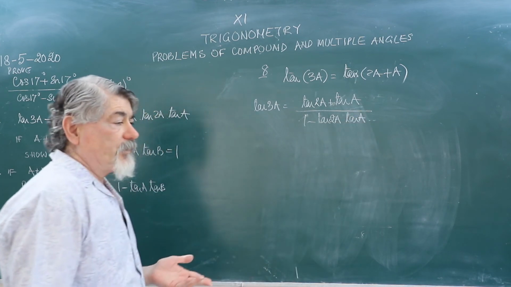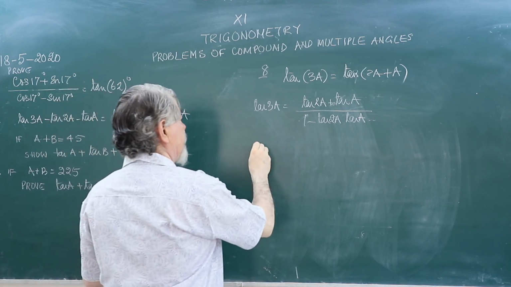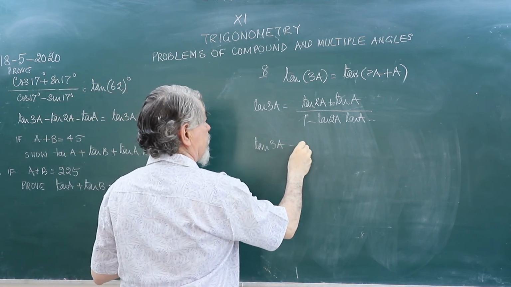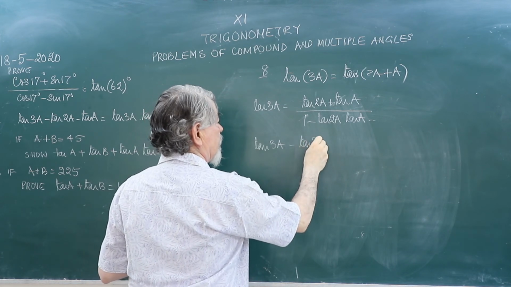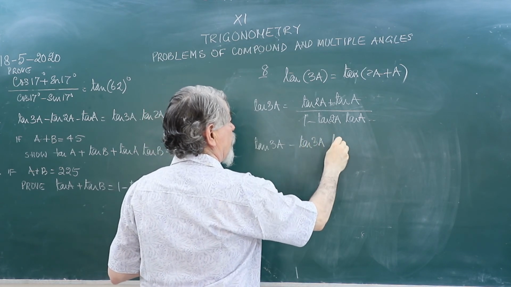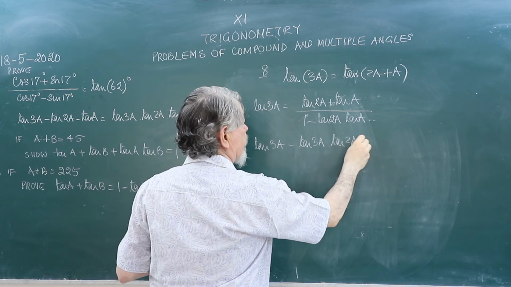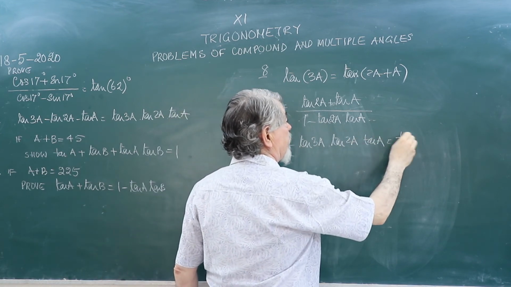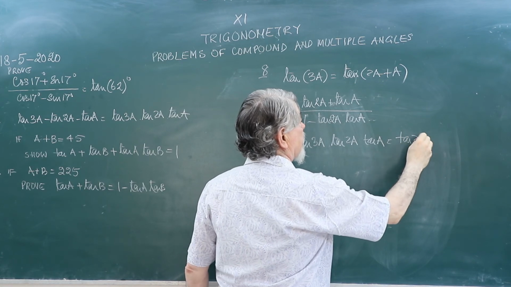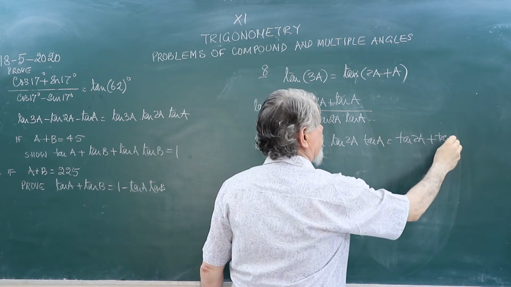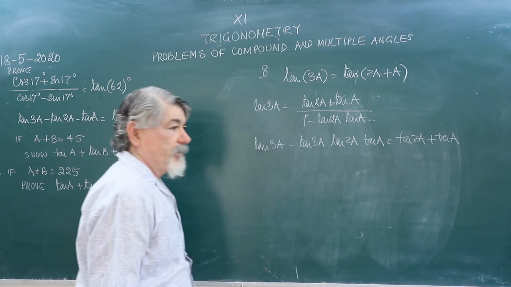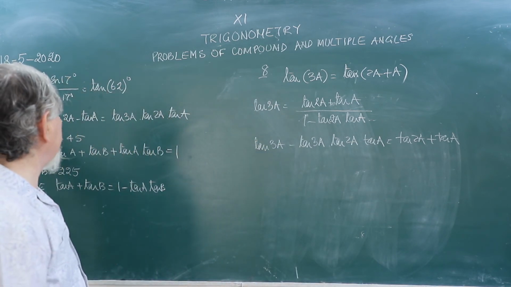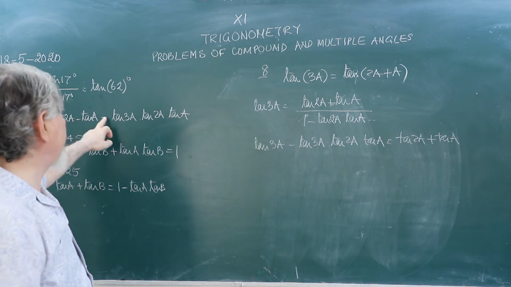Now when we cross multiply it, we'll get tan 3a minus tan 3a into tan 2a into tan a will be equal to tan 2a plus tan a. Shift the terms according to the requirement of the question, because he says tan 3a minus tan 2a minus tan a.